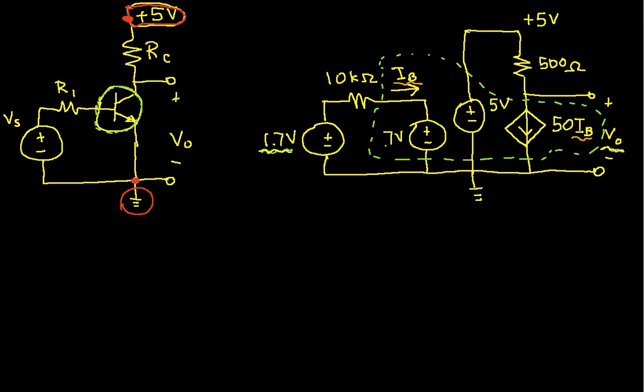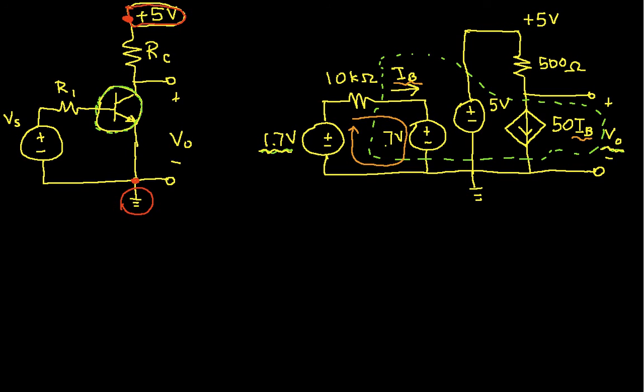If we look at the section of the circuit that defines I sub B, you can see that we have a single loop, and I can go around it like this. With a single loop circuit, we know from previous analysis we can apply Kirchhoff's voltage law around the loop to find the current going through the loop.